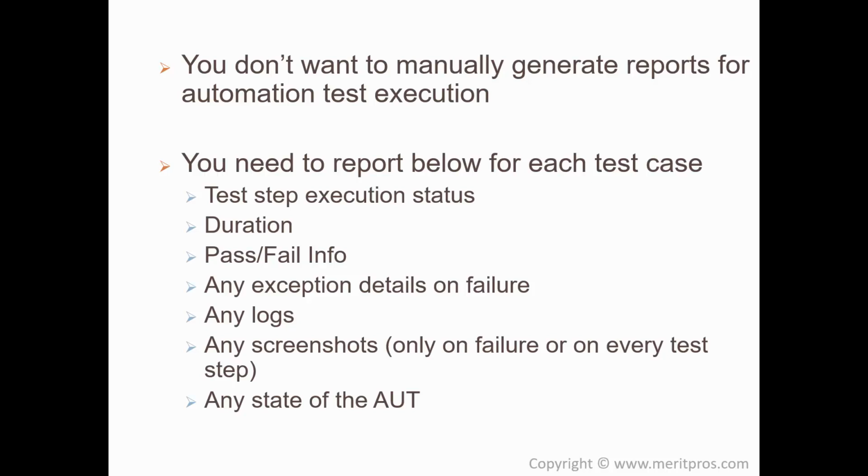Then any logs, the execution logs. Then any screenshots you can take on failure or you can take on every test step. Then AUT state, like any configuration you want to take, like environment, AUT settings, whatever you want to take. So you need to report all these for each test case.